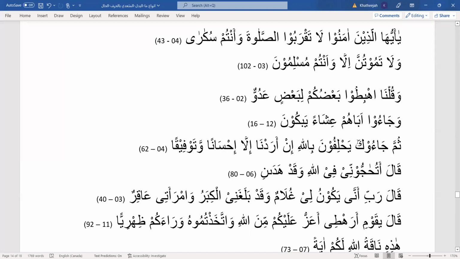So over here you see ja'uka, they came to you, yahlifuna. Jumla fi'liya is used to describe the condition of them, which is inside ja'u. And they came to you swearing by Allah.